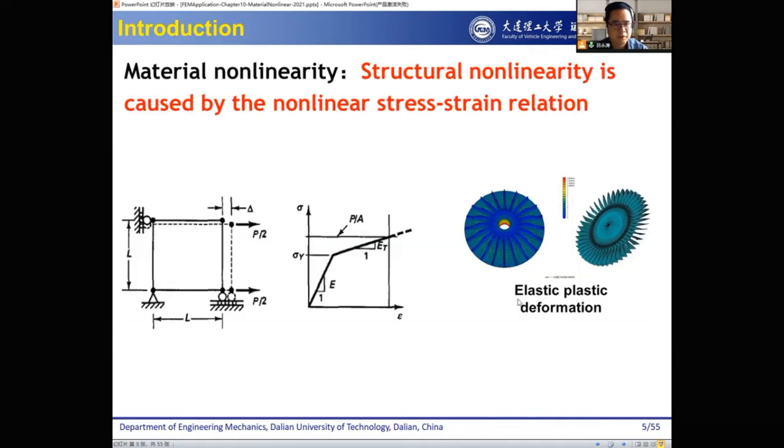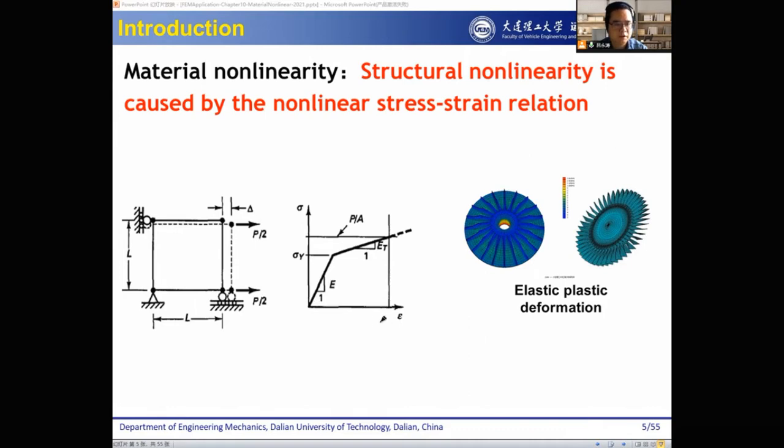So first part, the nonlinear material. Let's have a look. What is nonlinear material? The structural nonlinearity is caused by the nonlinear stress-strain relationship. Material nonlinearity means the stress-strain relationship is nonlinear.